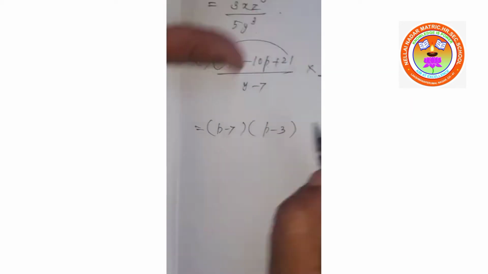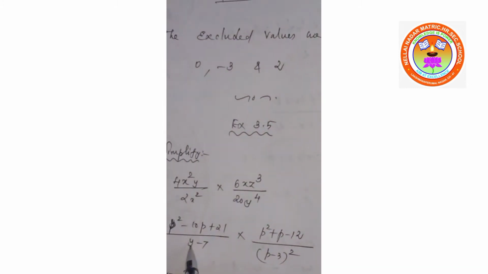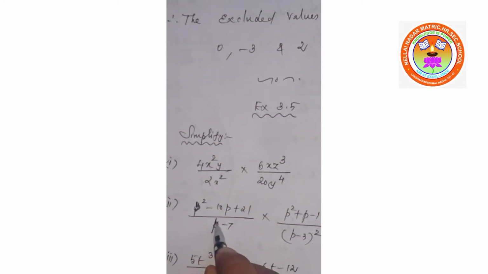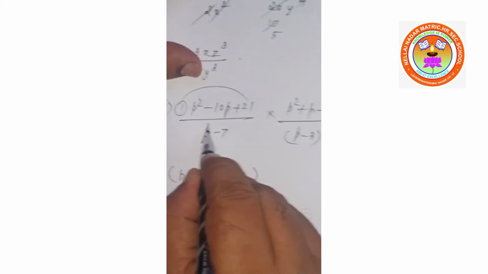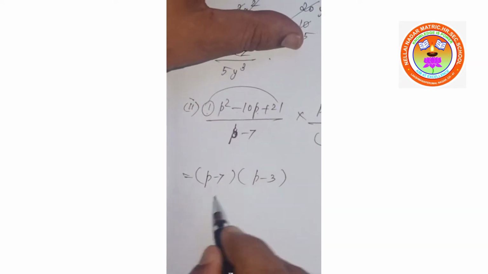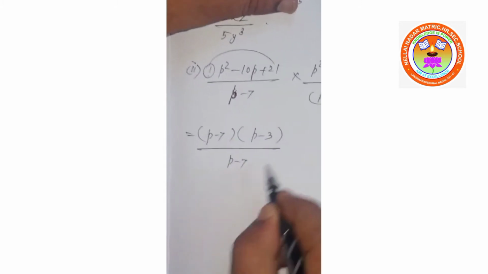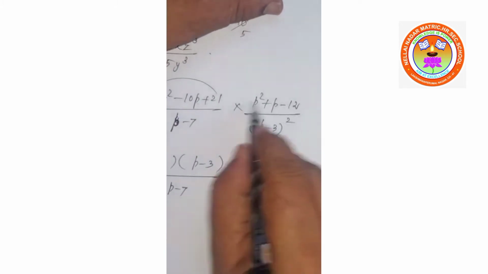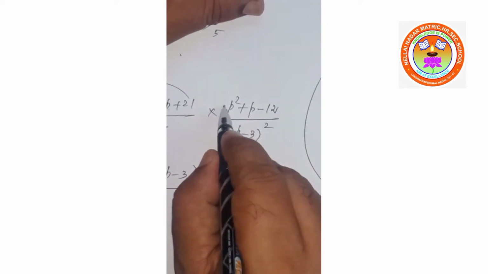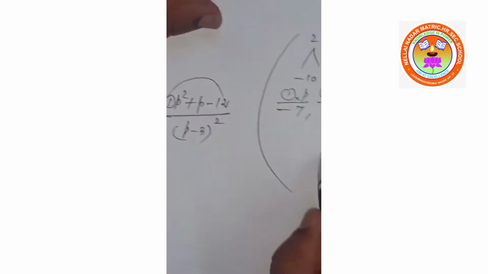This is not y minus 7, change it, p minus 7. It is also p minus 7, into this quadratic expression, which has to be factorized into linear factors.